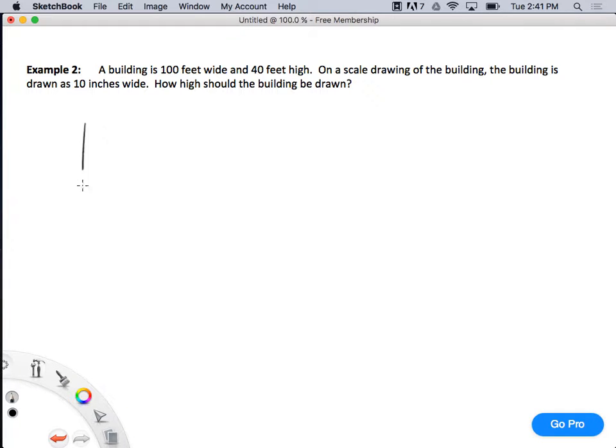All right. So here's our building. It's 100 feet wide and 40 feet high. Then we have a picture of the building, and it's 10 inches wide, and I'm figuring out how high it is. Well, here's my red, here's my blue.